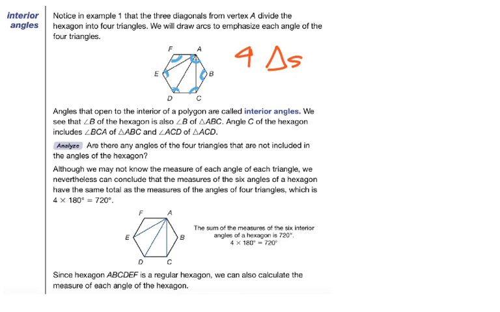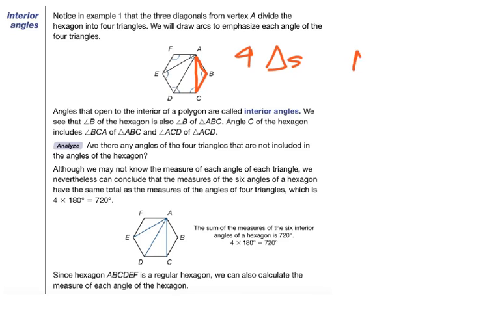Now, if I were to look at just one of these triangles, right, I don't know the measures of each of these angles. I don't know what angle A is, or what angle B is, or what angle C is. But what do we know about triangles?